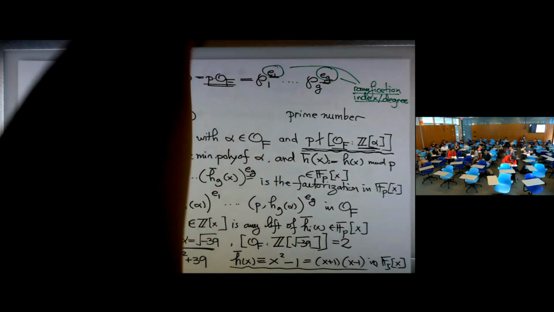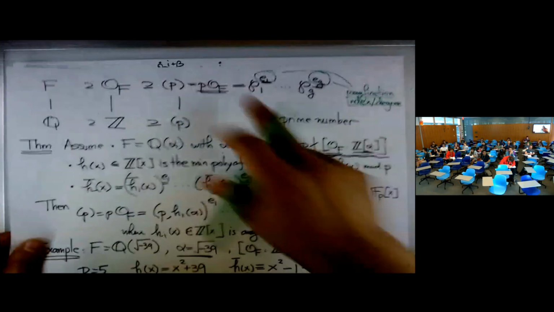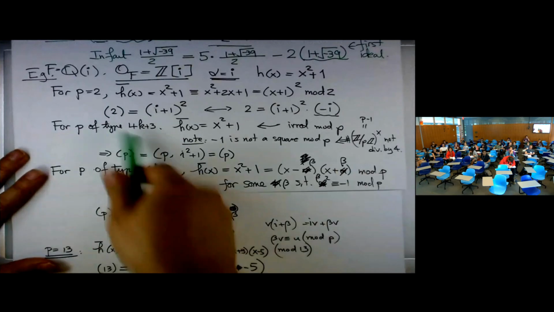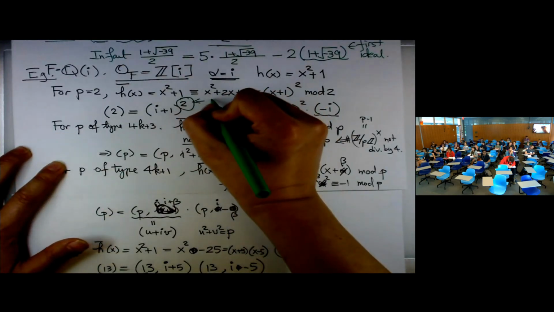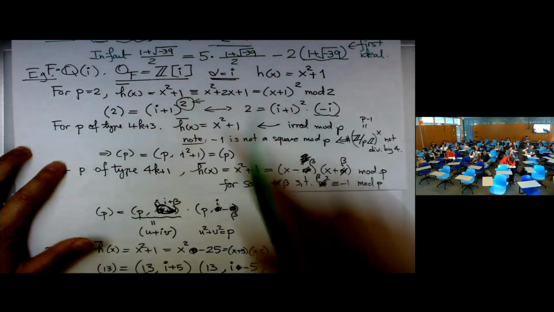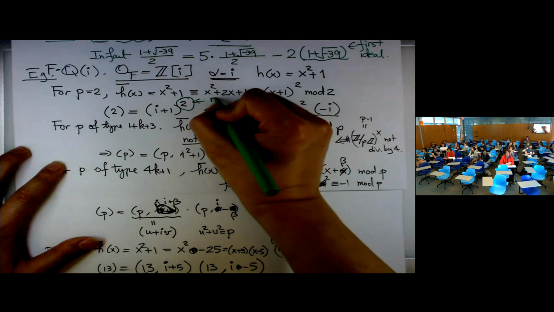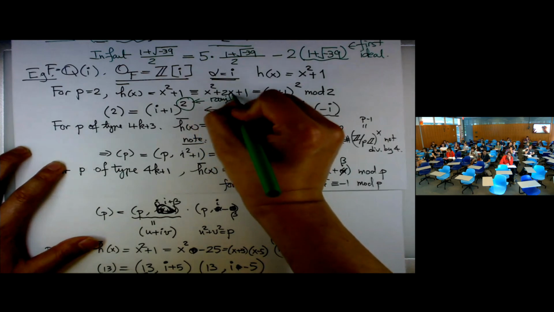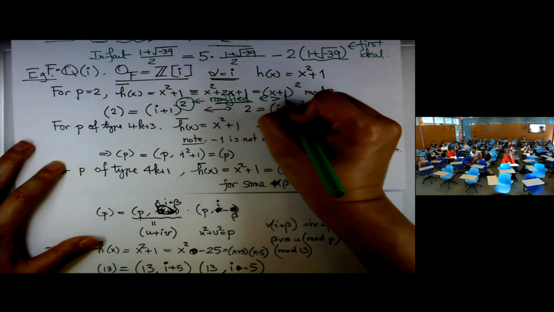In the factorization, for most of the factors, it's a simple factor. Only this one has multiplicity 2. So this is a case of ramified, because the corresponding e is bigger than 1.